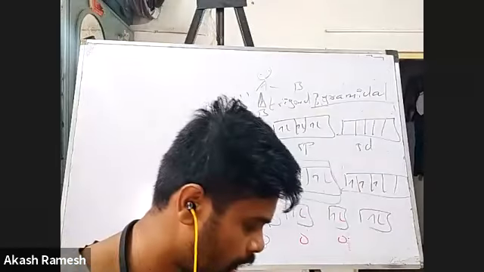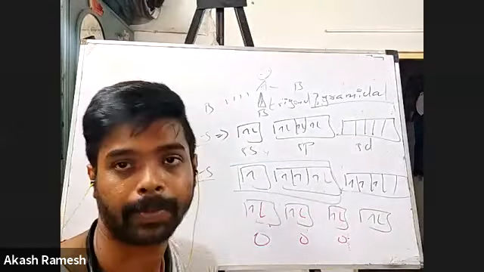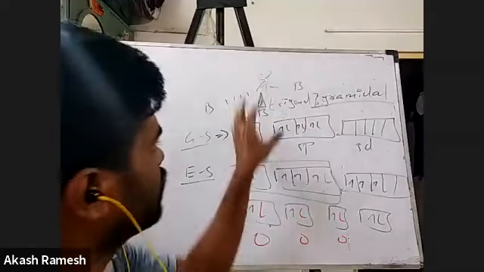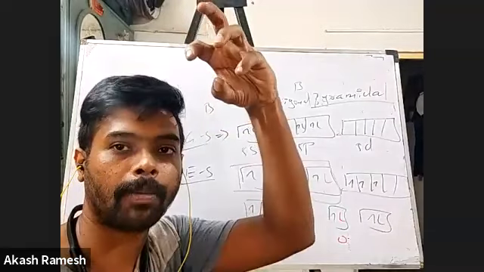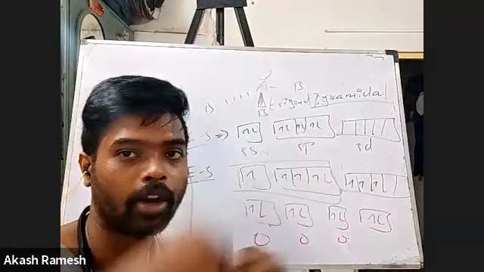So you can see that it's like a pyramid, isn't it? Like three things are coming, and at the top I have a lone pair. So you can see it's a trigonal pyramid.